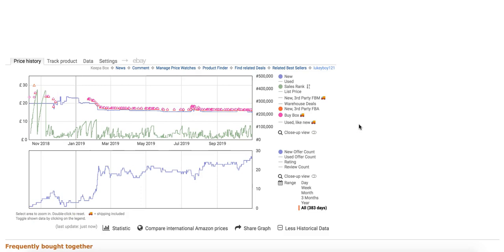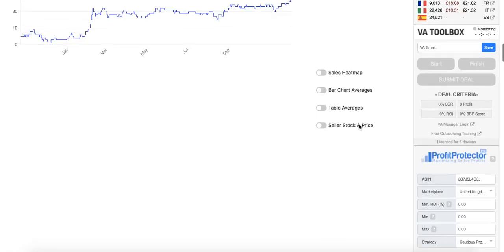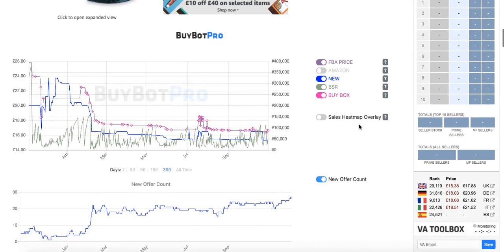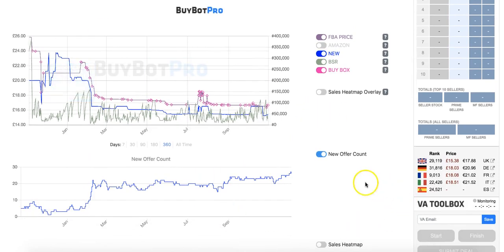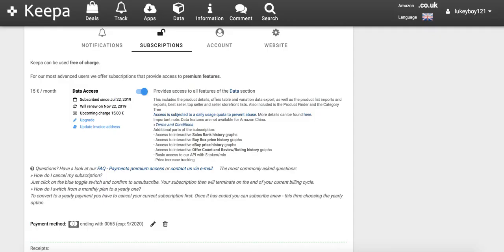because you don't want to be stuck with stock when there's so many deals and offers and everything going around in Q4. And that is why this new update on BuyBotPro is amazing, because now what I'm going to do, this is the most important thing, is cancel my KEEPA chart subscription. So if you see over here, KEEPA costs you €15.